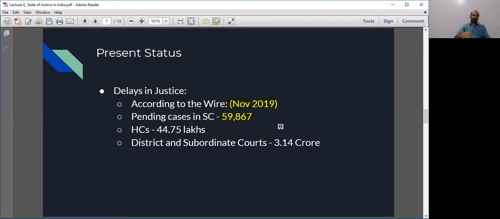In High Courts, we have 44.775 lakh, something around 45 lakh cases pending. In district and subordinate courts, we had 3.14 crore cases pending. So it's not a very good status, because justice delayed is justice denied. Therefore this is not a very good condition to have.